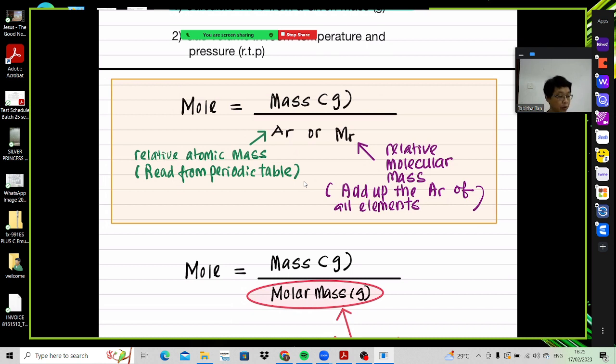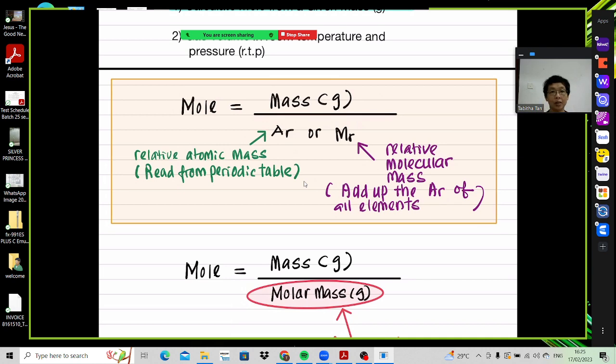With the assurance that mass will be given to you in the questions, AR will be given to you in the periodic table, and the MR can be calculated easily by adding up the relative atomic mass of each element.